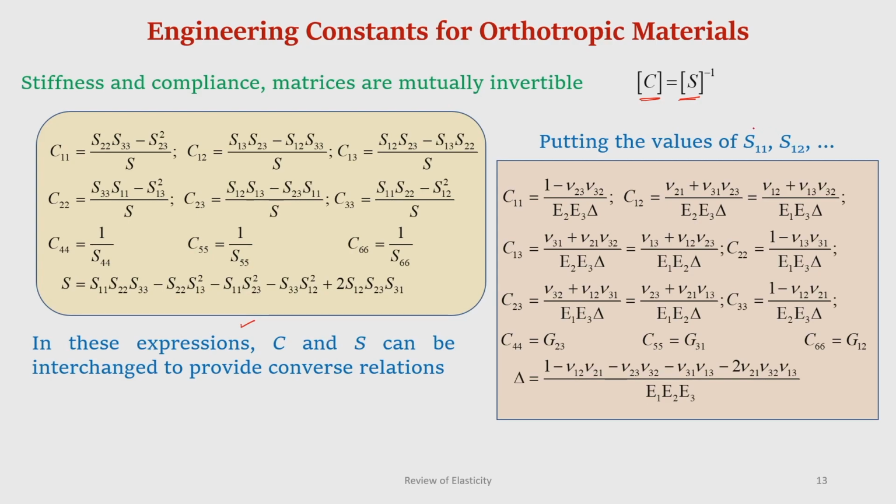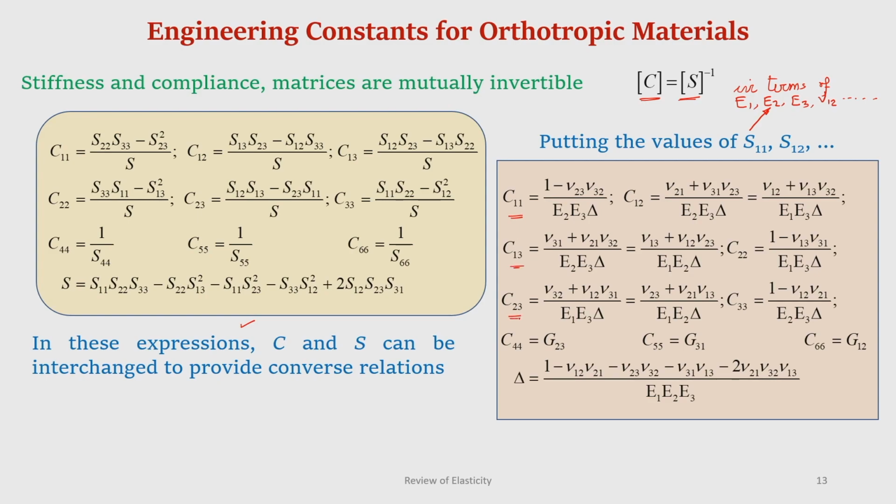Now that we know these elements of compliance matrix in terms of E1, E2, E3, nu 1 2, nu 2 3, nu 3 1, G1 2, G2 3, G3 1, if we put those, we get the elements of the stiffness matrix in terms of the engineering constants.